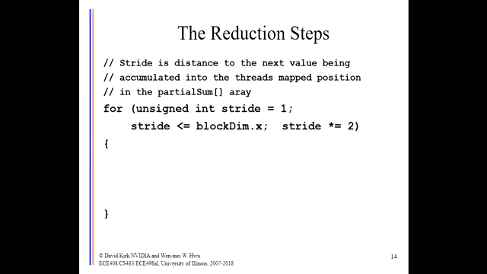And then we're going to test whether the stride has hit block dim, because let's say if we want to process 1,024 elements, we're going to generate 512 threads. So the very last addition will be adding element 0 with element 512.